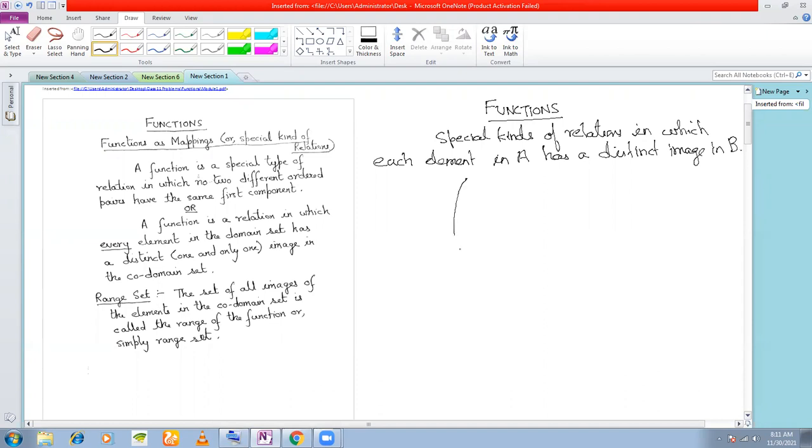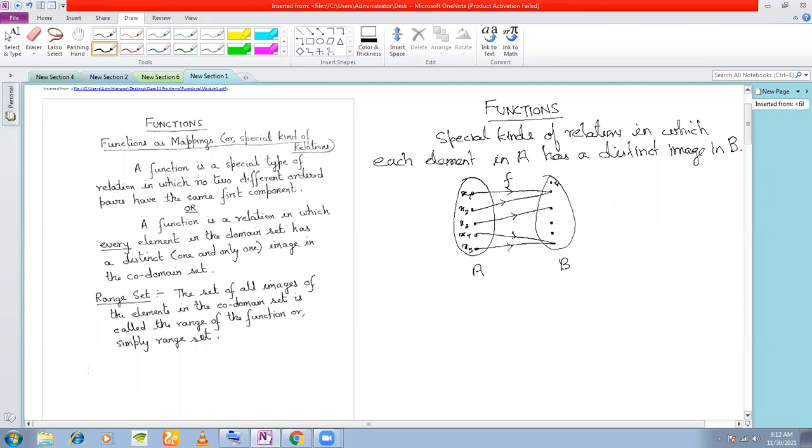Okay. Now see, if I give you two sets, A and B, such that all the elements are mapped to some element or the other by the relation, say F. And the elements of A are, let's say, X1, X2, X3, X4, and X5.